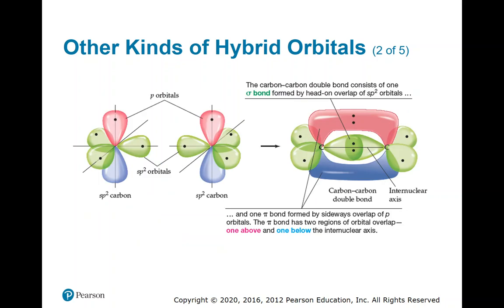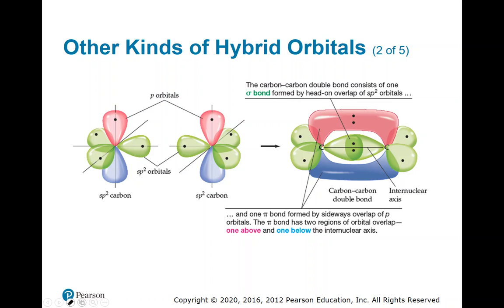So for this, we can consider a carbon-carbon double bond. This is a situation where sp2 hybridization takes place. I just told you that if we have a carbon atom double bonded to another carbon atom, we'll have an sp2 hybridization situation. Let's see how that works.